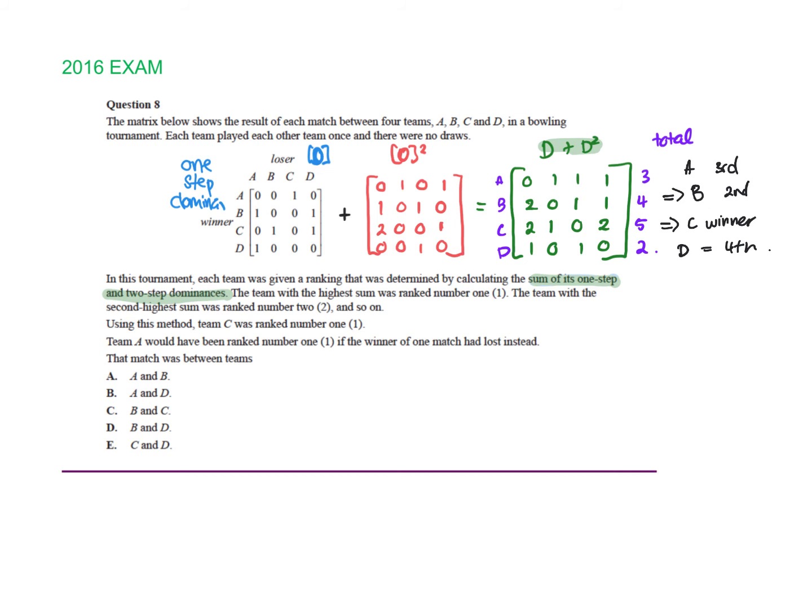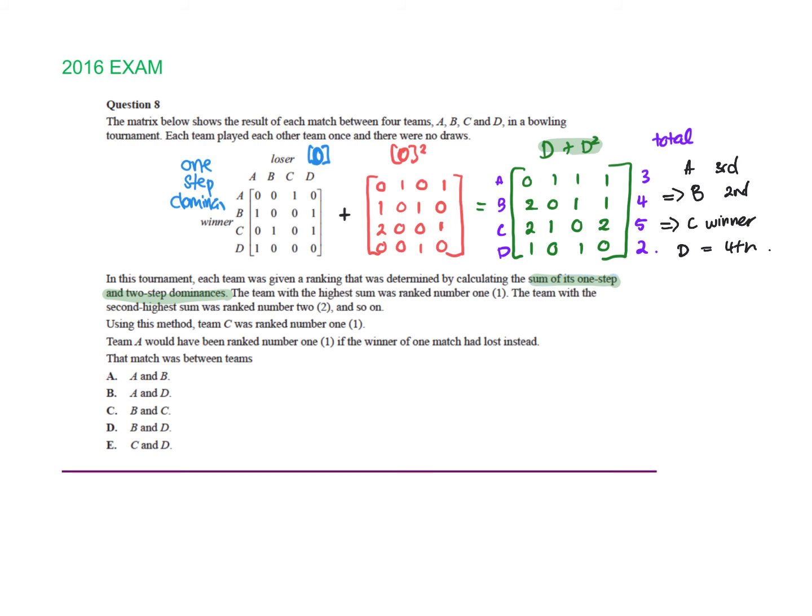So it says using this method, team C was ranked number 1, and that's what I got. Team A would have been ranked number 1 if the winner of one match had lost instead, if they won instead of they lost. So if one game changed, this would have meant that A won.